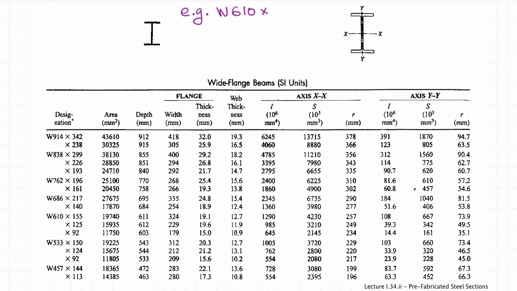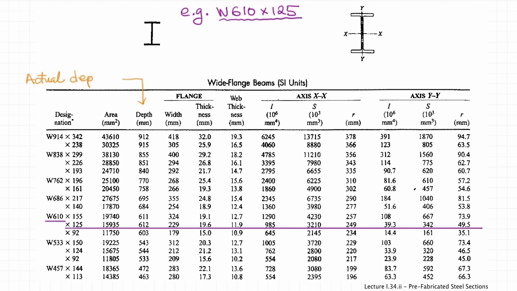Now let's look at a couple of typical sections. Again, say a wide flange section W610 by 125, and see how we can extract the important parameters from tables where the properties are given. So one important parameter is the actual depth, and you can see here that for a W610 by 125, the actual depth is not 610, that is the approximate depth.